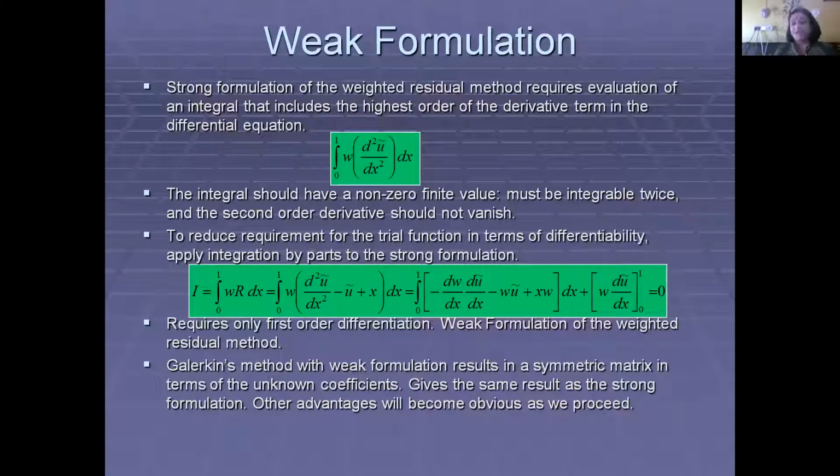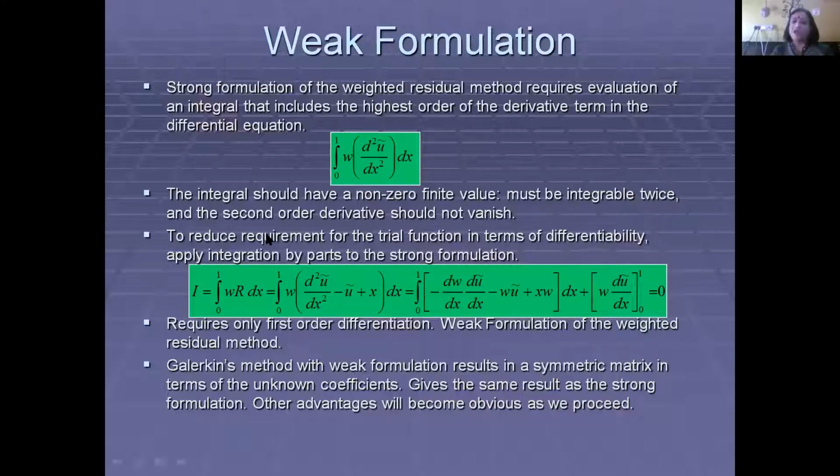The moment I say that it has to be integrable twice, I am kind of putting a constraint on the trial function that I can choose. I have to choose a trial function in which the second order derivative does not vanish. I do not like so many constraints. I do not want to have to satisfy so many criteria.